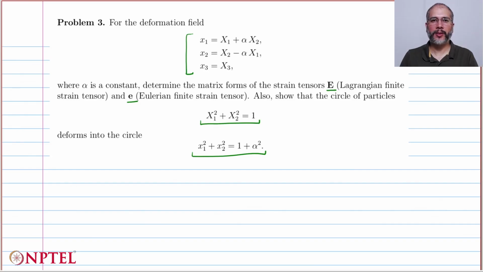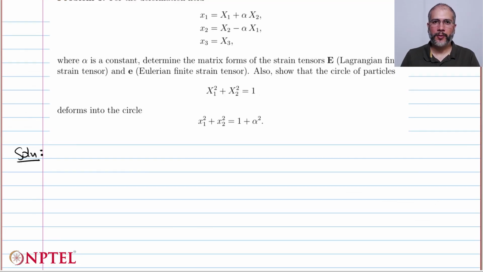So this is an interesting exercise because it tells us the locus of all the points from a given material configuration to a given Eulerian configuration, and it helps us visualize how the deformation affects the body. So let us solve the problem. First we'll write the deformation gradient tensor F, which is defined as xi comma a.